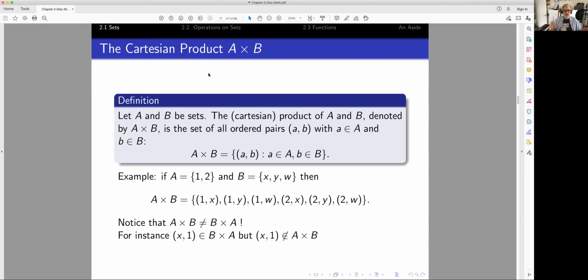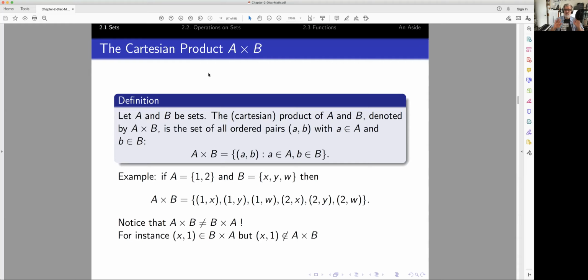I'm going to start by defining the product of two sets, then we'll see how we can generalize this. So I have two sets A and B. Their product, or Cartesian product, which is denoted A times B, is the set of all pairs where the first entry of the pair comes from the set A and the second entry comes from the set B. Notice that you can't switch things around.